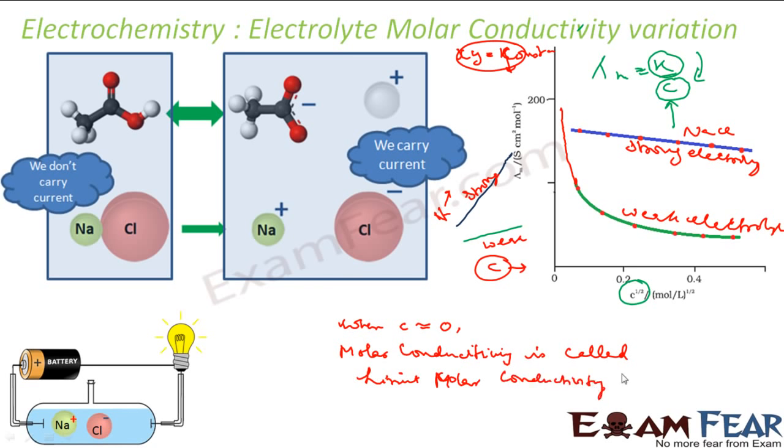It has a very great importance, and it has a special symbol, lambda with a superscript naught, Λm°. Because at this point, the molar conductivity shoots up like anything. It becomes very high. And at such a dilute level, it is very difficult to find the conductivity using this kind of setup.